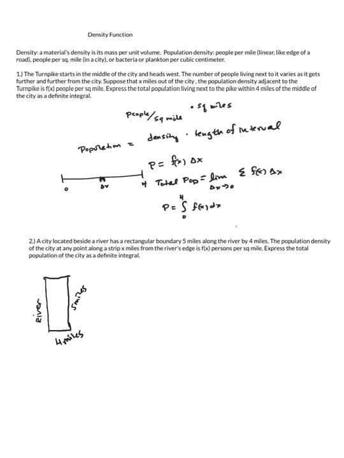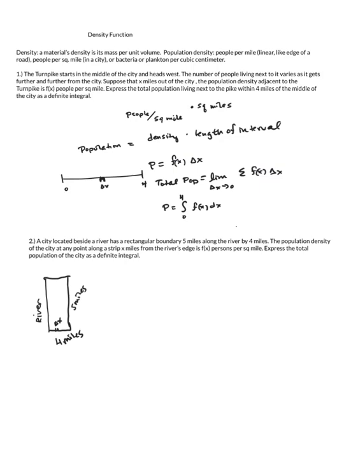The population density of the city at any point along a strip X miles from the river's edge, this distance is my delta x, is f of x persons per square mile. Express the total population of the city as a definite integral.